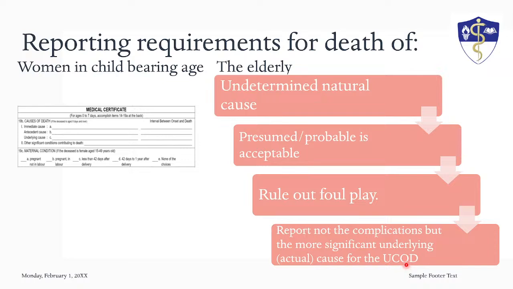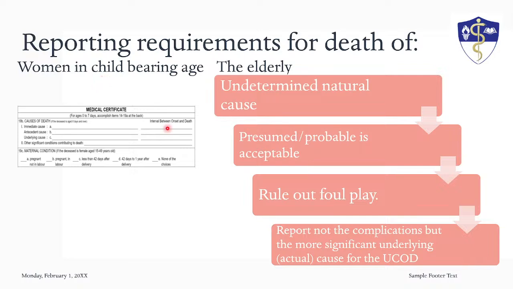Because this is a DOH slide, this is why I changed it. I tried to change the slide because they do not look good. So this is what it actually looks like. They were trying to differentiate how we write it in women of childbearing age and then the elderly.